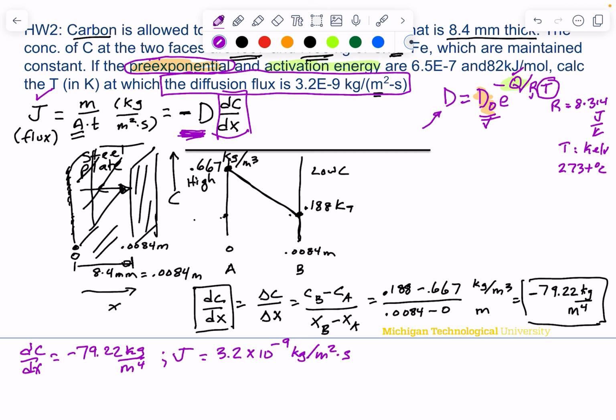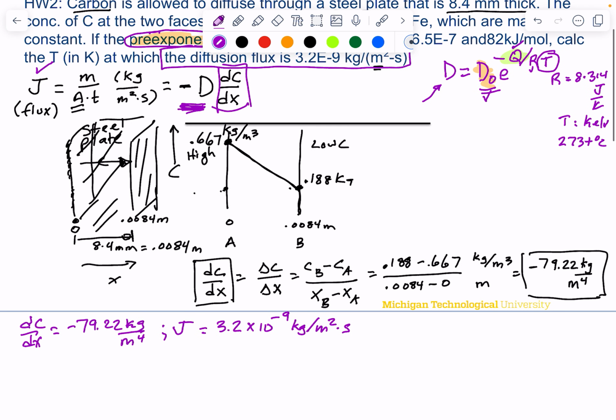And so we also know the formula, and I'm going to rearrange this formula a little bit and solve for D. In doing that, we're going to see that minus J divided by the concentration gradient, dc dx, is equal to D. And so now I should be able to just plug in those two values.